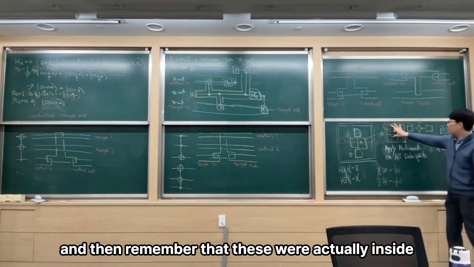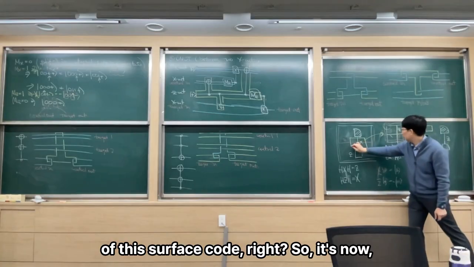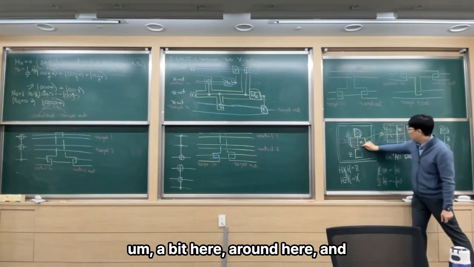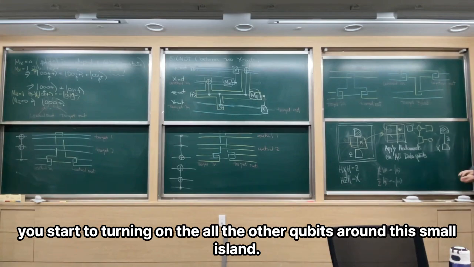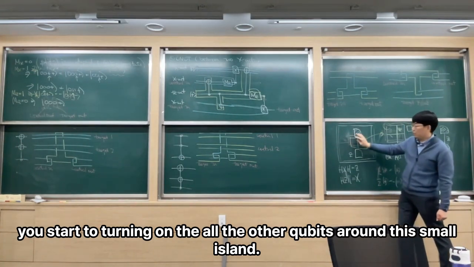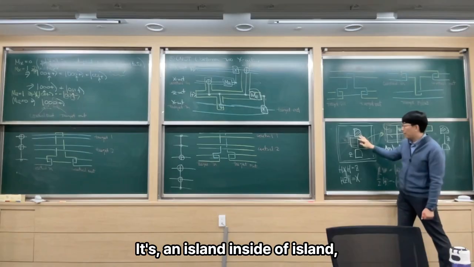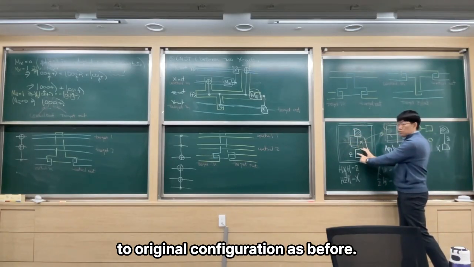And then remember that these were actually inside of this surface code, right? So it's now around here. And then you start turning on all the other qubits around this small island. It's an island inside of an island. And then you switch back to the original configuration as before.